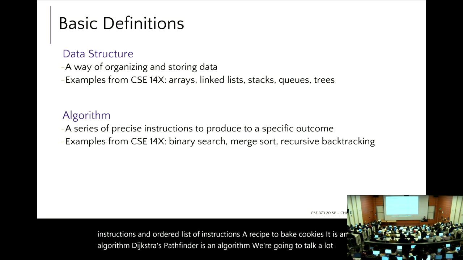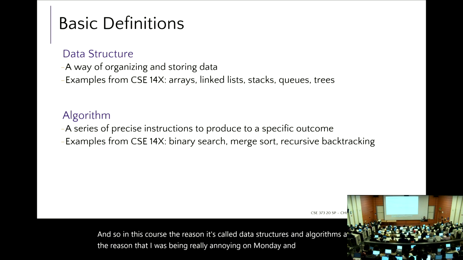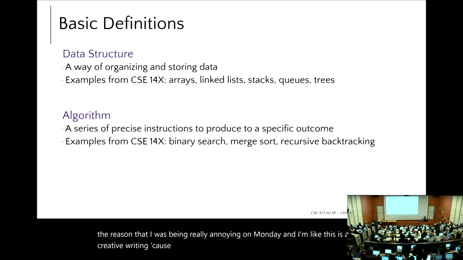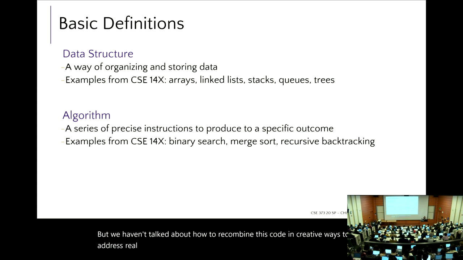So in this course, the reason it's called data structures and algorithms, and the reason I was being really annoying on Monday saying this is about creative writing, is that now you should theoretically have all the syntax and structures and tools to write code. But we haven't talked about how to recombine this code in creative ways to address real world scenarios. And that's really what we're going to be getting into most of this course.